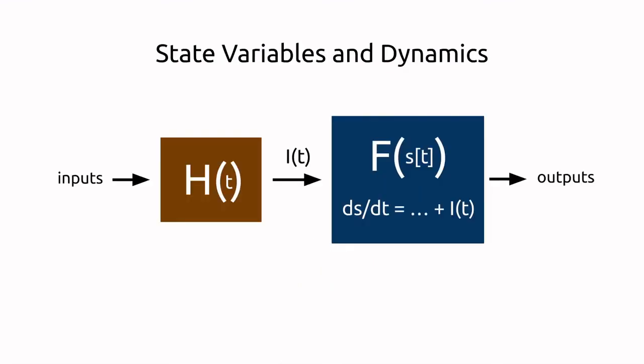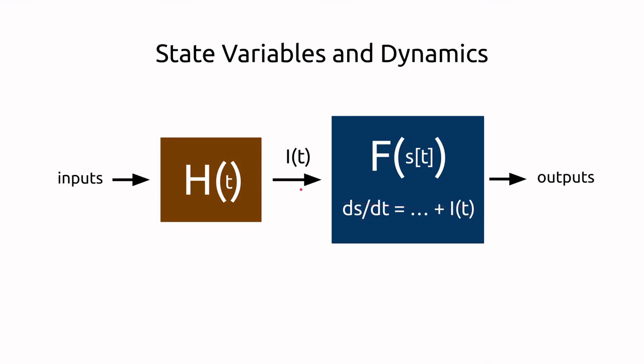So the solution is to assume that f is not just a function of input current, whatever the output of the synapse model is, but that it's a function of some state variables that change over time, in part due to influences from the input current.